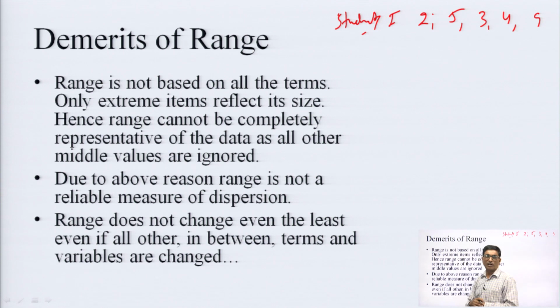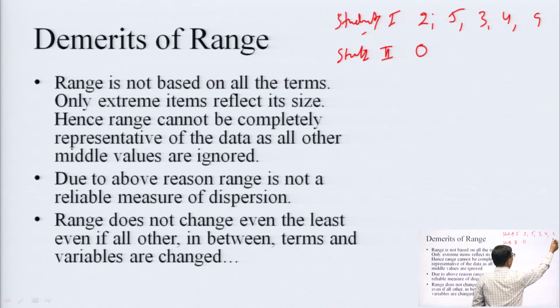This student got marks out of 10 in 5 subjects: 2, 5, 3, 4, 9, and the second student got 0 in the first and 10 in the last, but in 3 subjects he got 5, 5, 5.